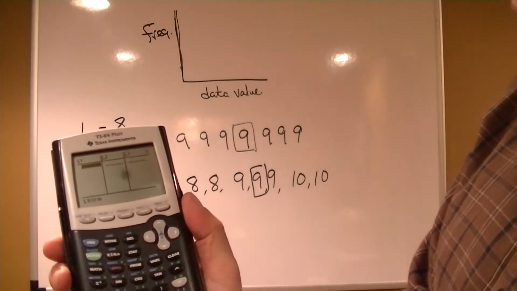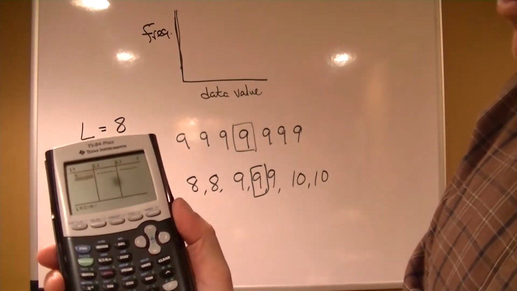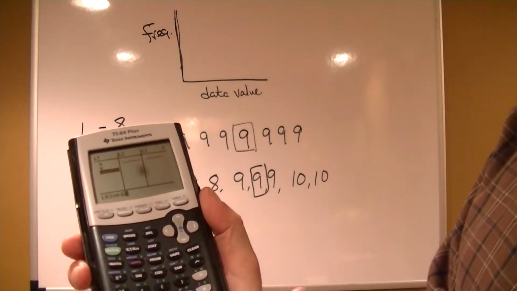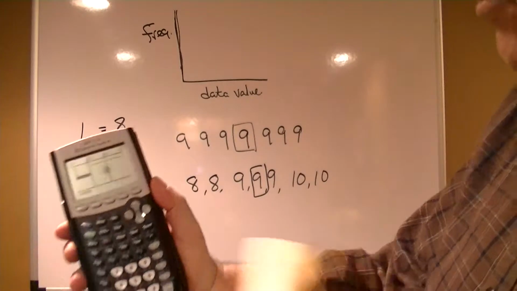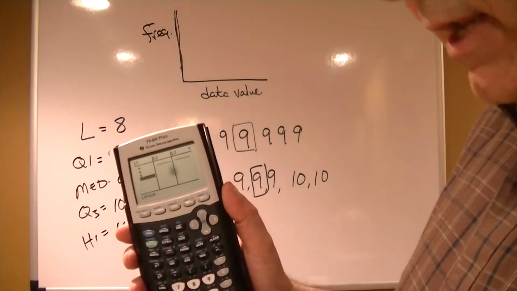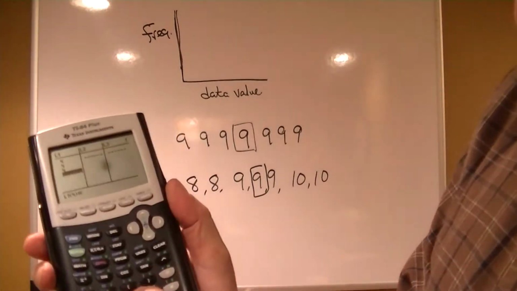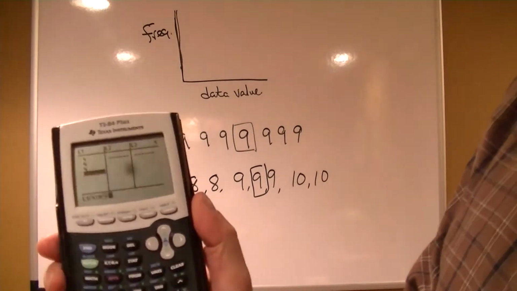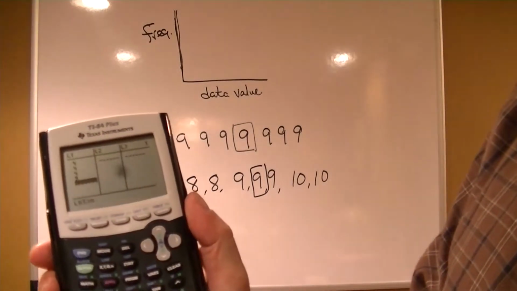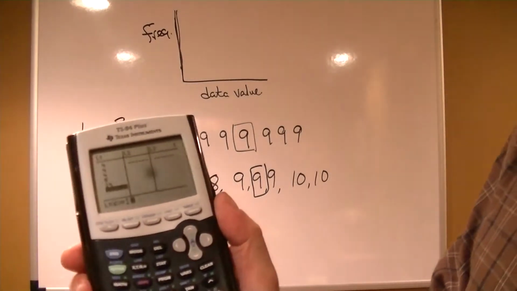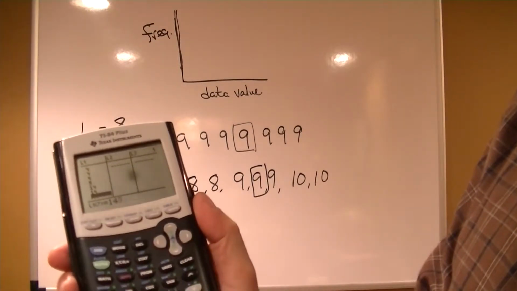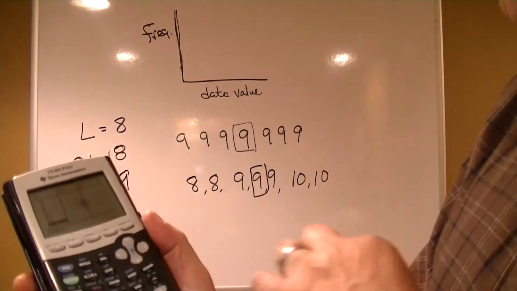Alright, so my set here was 4, 4, 4, 3 4s, and then 9, 9, enter, then 3 14s. 14, 14, 14. There we go.